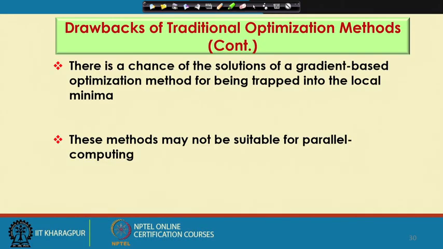These traditional methods for optimization cannot be implemented in parallel computing. Now, what do we do in parallel computing? We try to minimize the effective CPU time for a complex optimization problem, because a complex optimization problem takes more time to give the solution.